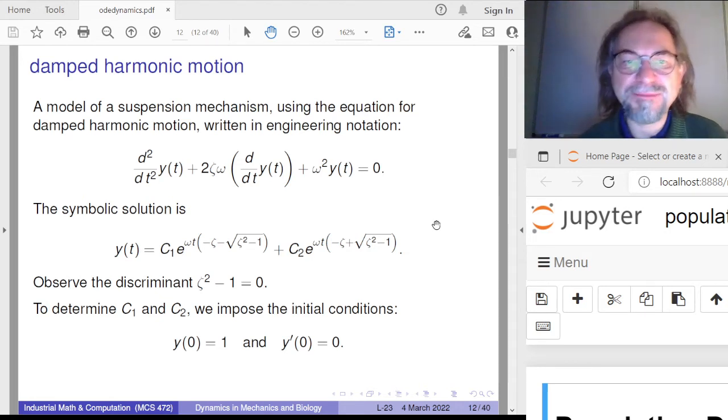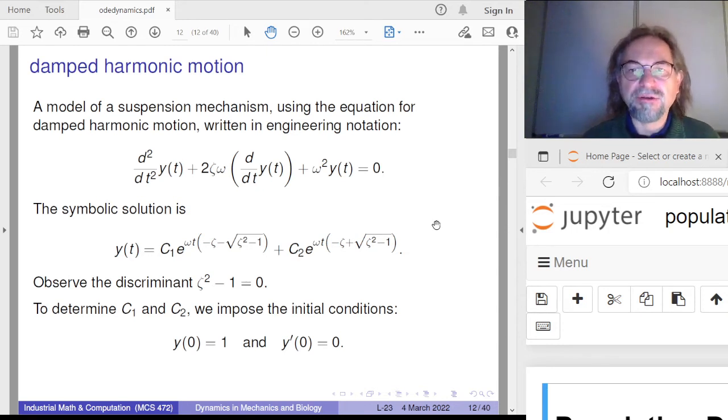The first parameter is zeta, and the other parameter is omega. Strictly speaking, if we look at this equation, we don't really care. We could have called our parameters A and B, but it will turn out that these parameters have meaning.